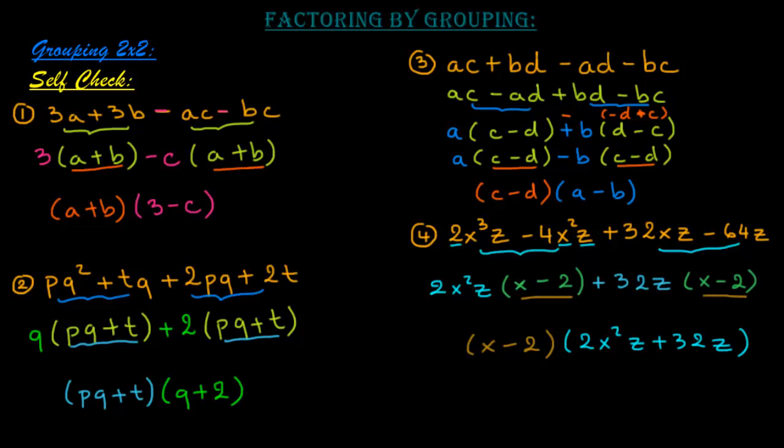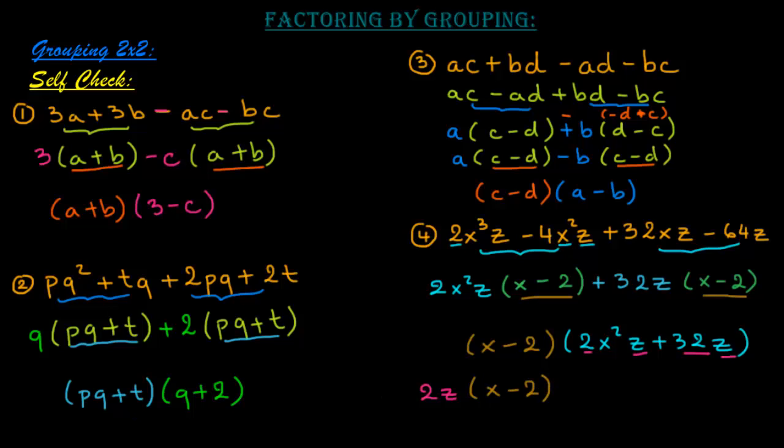But the problem is not quite done yet, because look at this, 2 goes into 32, which means we have 2 in common. We need to pull that one out, and also z in common, so we're gonna pull out 2z. I would put it all the way in the front, 2z. We keep the x minus 2.